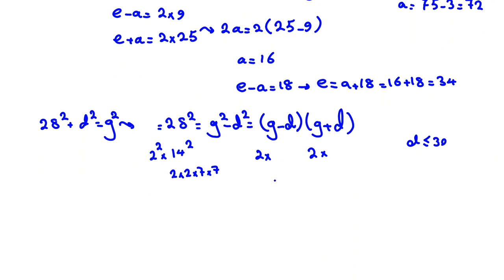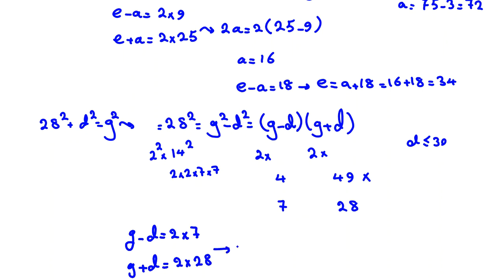For example, if you place 2 and 98, it will be bad, because the difference is at most 30. If you place 4 and 49, again it will be bad, the difference is too big, not possible. The only possible case is 7 and 28.